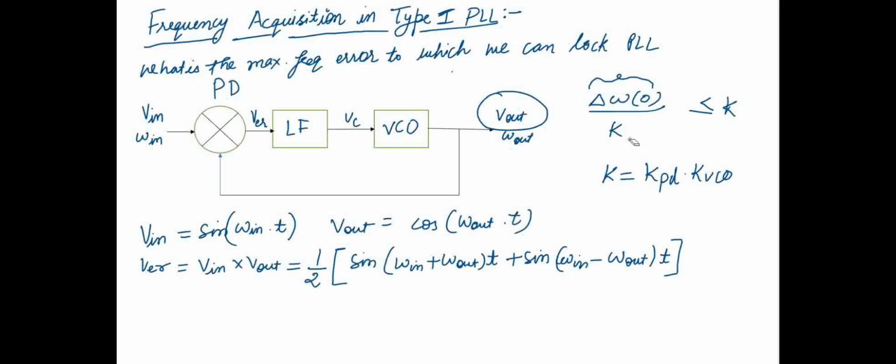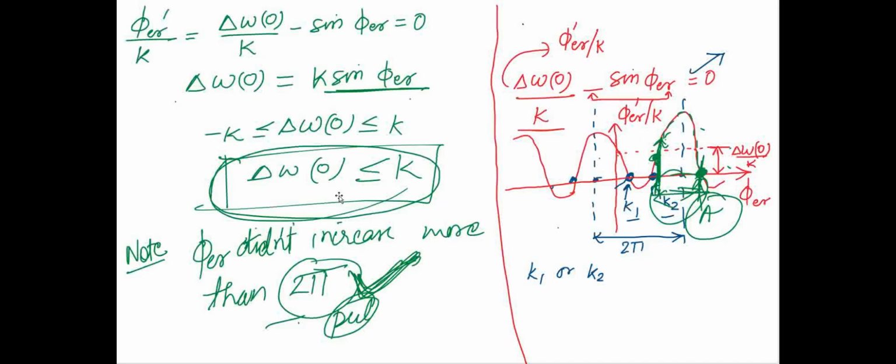This is the equation which we have to derive, and you can see this is the derivation, right? So this is the maximum frequency range up to which we can lock the PLL. What is K? K is KPD dot KVCO.